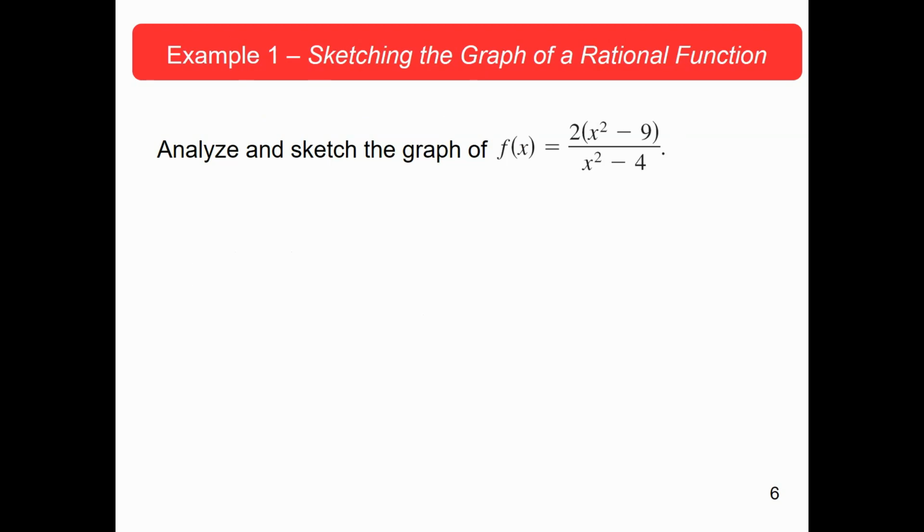So the first thing we're going to do is look at this: 2 times x squared minus 9 over x squared minus 4. So right away, interestingly enough, I said it generally doesn't happen, but here, this is an even function. How do we know? Well, for rational functions, we explore top and bottom.